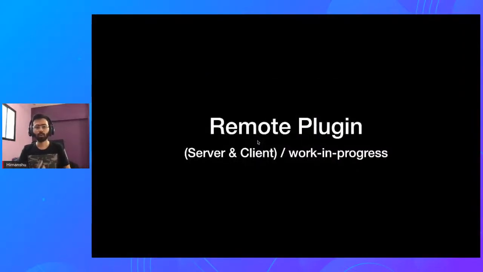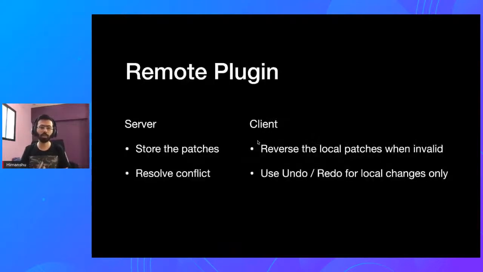Multiplayer functionality is provided through a remote plugin in SyncState. It has two parts, a server part and a client part. The challenges that I told you earlier, which come up with this feature, are mostly implemented in the server part, where we store the patches and we resolve conflicts, we resolve the reordering issues and all that.